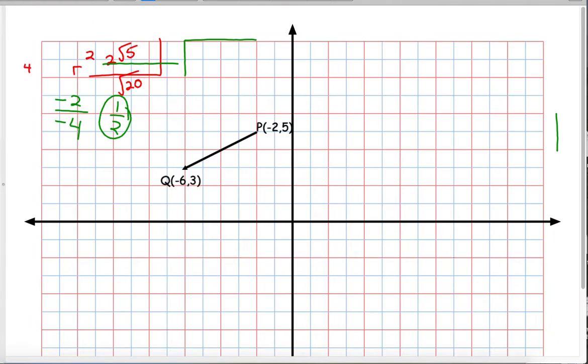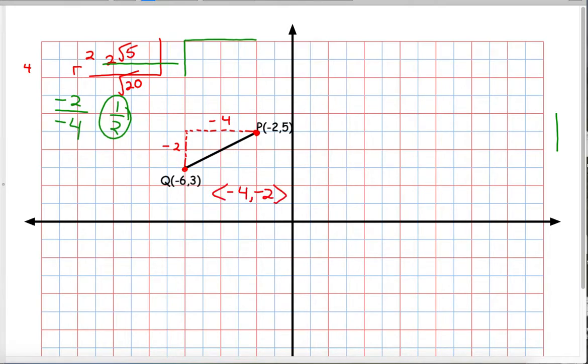And where does that come from? Well, you take your initial point, and as you're traveling to the terminal point, first in the x direction, how far do you have to go? And that's 4 units to the left, so that's -4. And then how many units in the y direction? Down 2, so that's -2. So the component form is -4, -2.